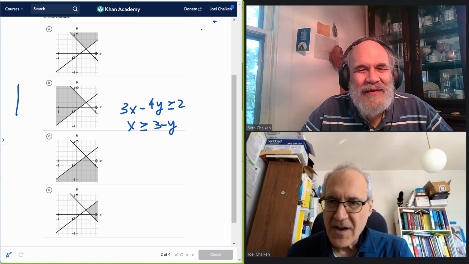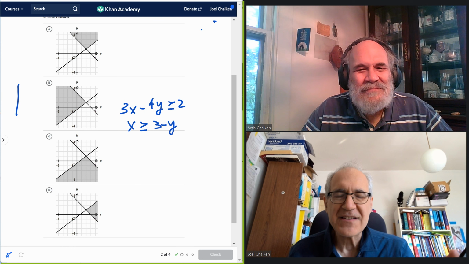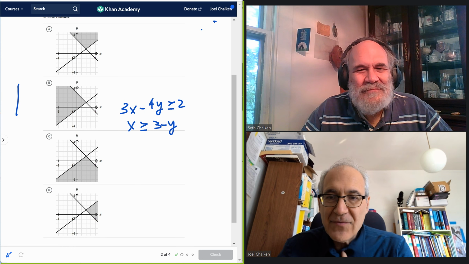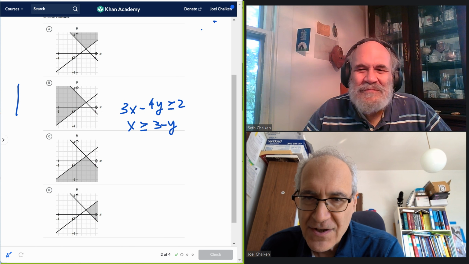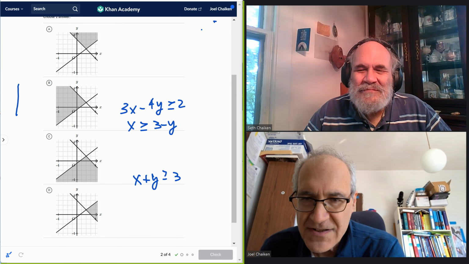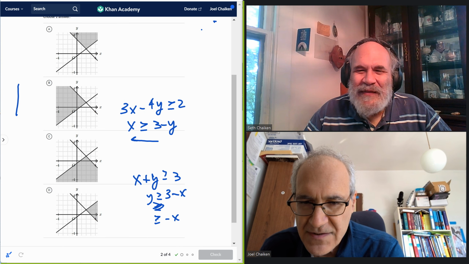Maybe it's the most vanilla thing: just following your nose is to solve each one, y equals mx plus b, and see what it is rather than try to guess x or use other clever methods, although the other clever methods may be faster. We add a y to this side. We subtract, y is greater than 3 minus x, greater than or equal to negative x plus 3.